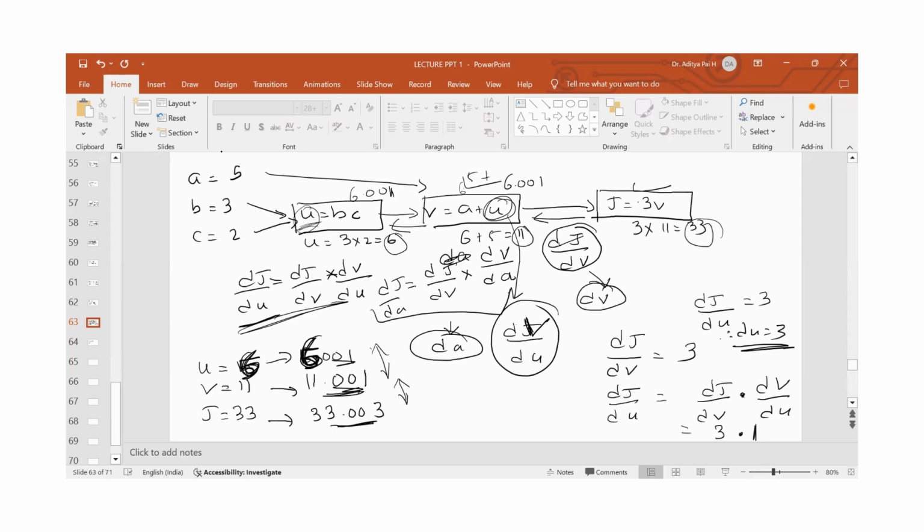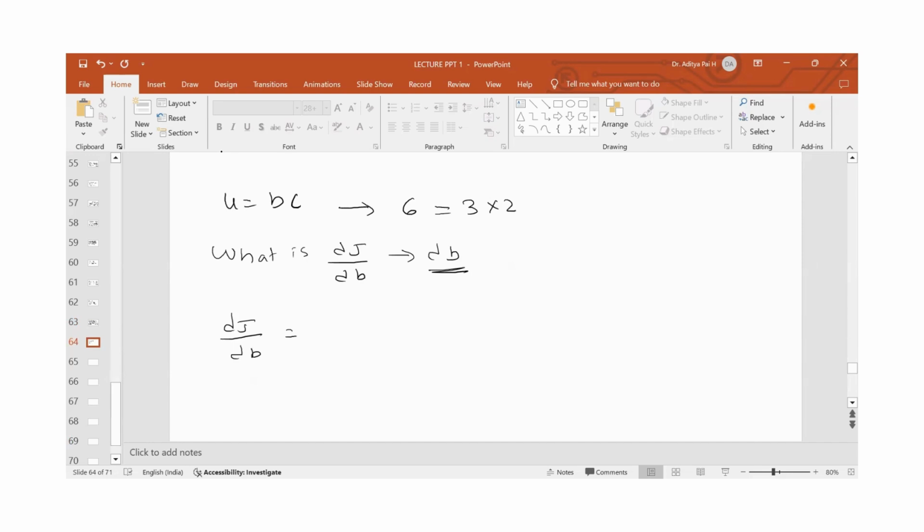So dj by db is the change in the value of j with respect to u, then the change in the value of u with respect to b. This is the chain rule.